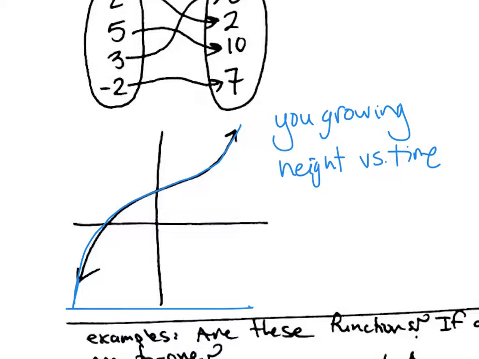So for any given height, there's only going to be one specific value of time that you were that height. Now, if you talk about being an old person and then shrinking, that all of a sudden changes. But for you, as a growing adolescent, it would be a one-to-one function.